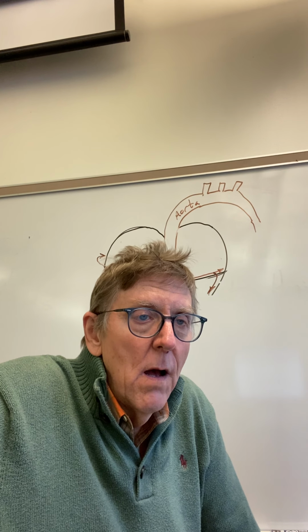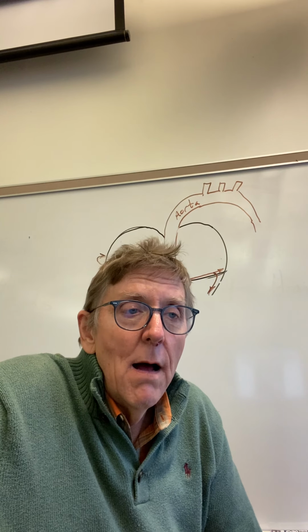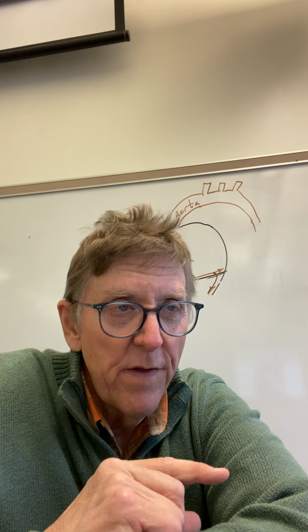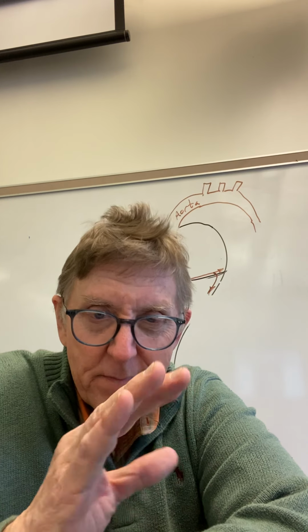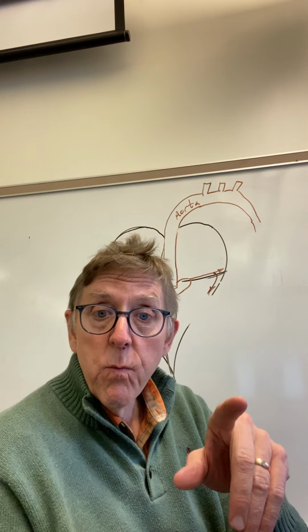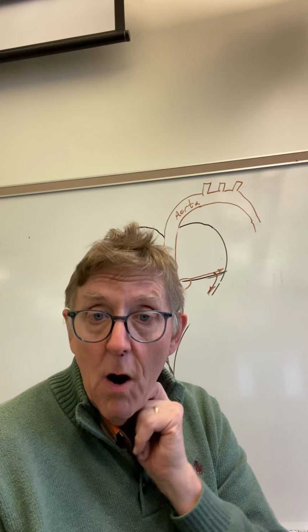Okay, so we have a picture of an angiogram, and this is where they've added an opaque coloring so that you can see where you might have a collapsed or a blocked artery.